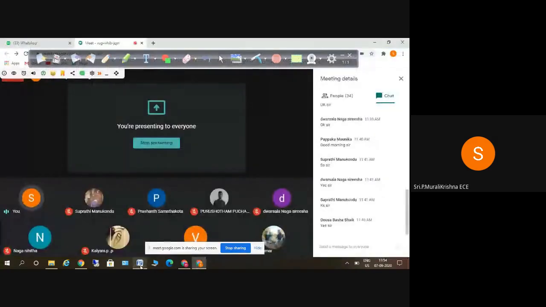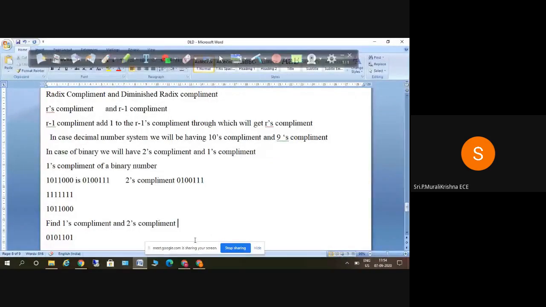Find the 1's complement and 2's complement of the given number.